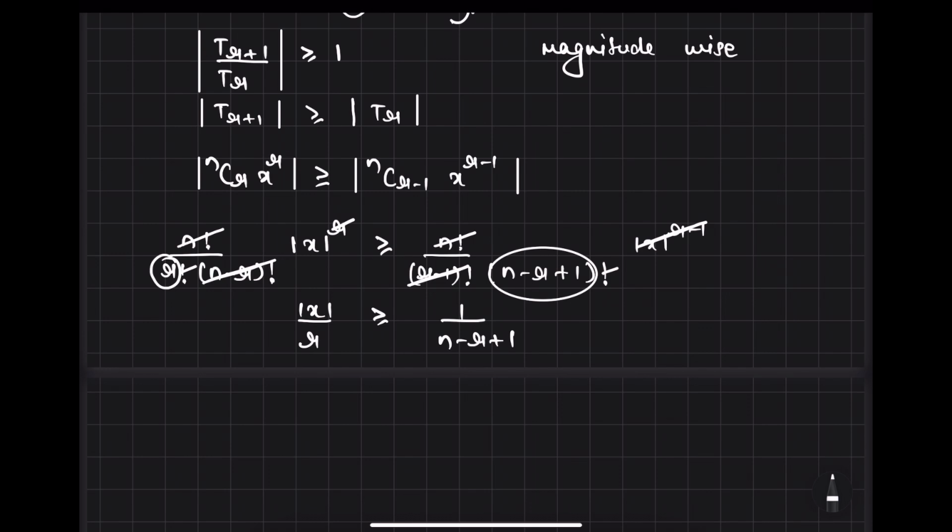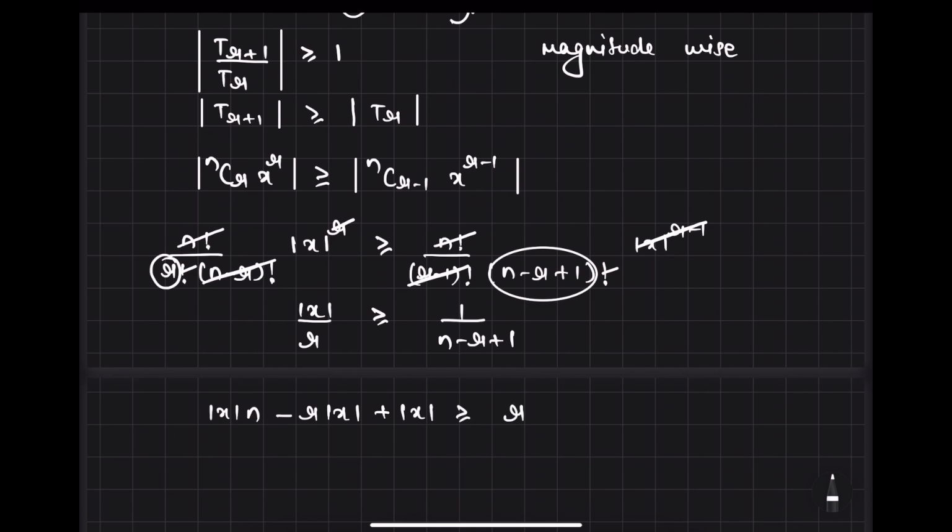Now let's multiply both sides by r and (n-r+1). It is a positive number, so we can do that. So it is |x|·n - |x|·r + |x| greater than or equal to r.